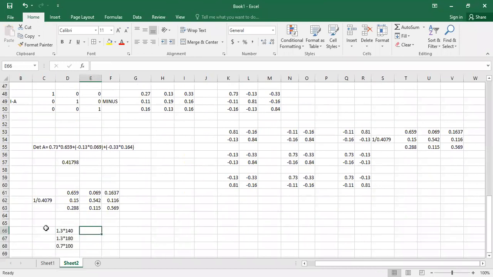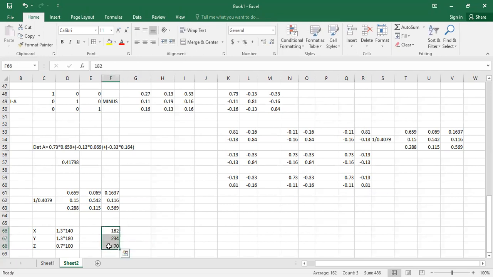For X, Y, Z. What do we get for X, the new demand? 182. For Y? 234. Then for Z? 70.